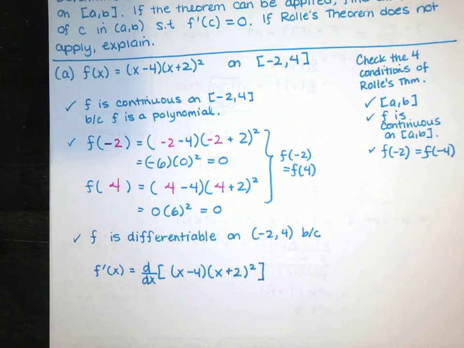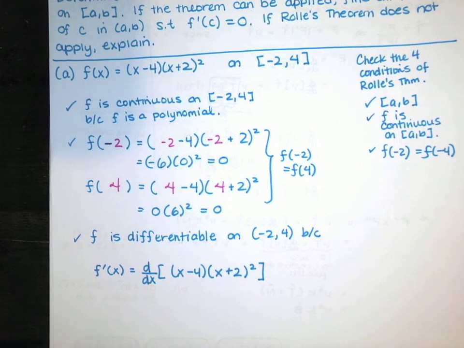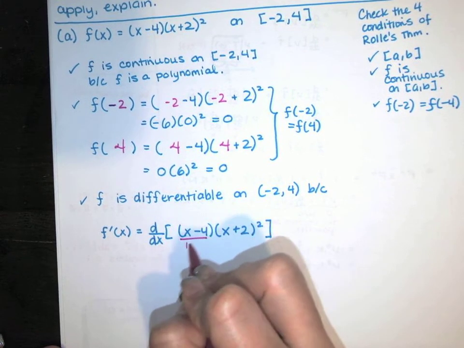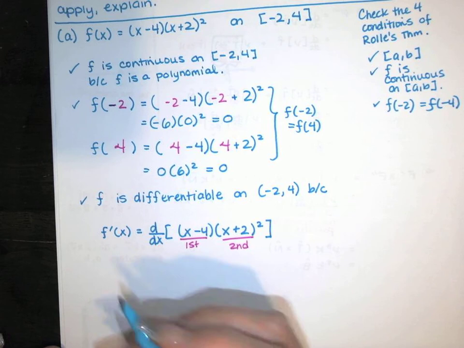Now you've got some options with this. If you want, you can write this twice in FOIL, distribute the x minus 4 to that, and then take the derivative using the power rule. Or you can use the product rule. I think in this case I would rather use the product rule.